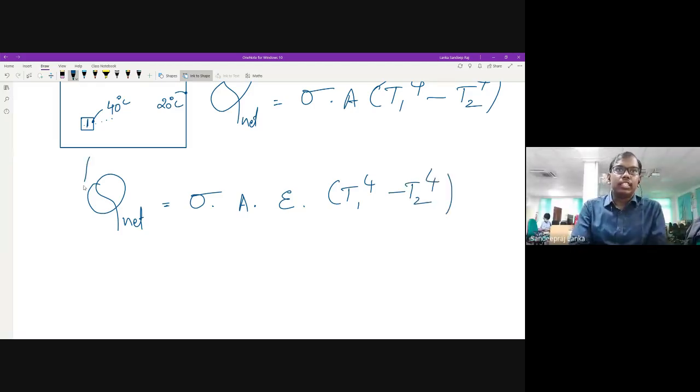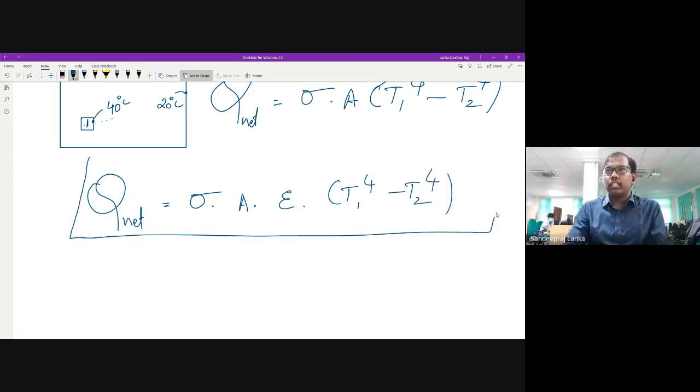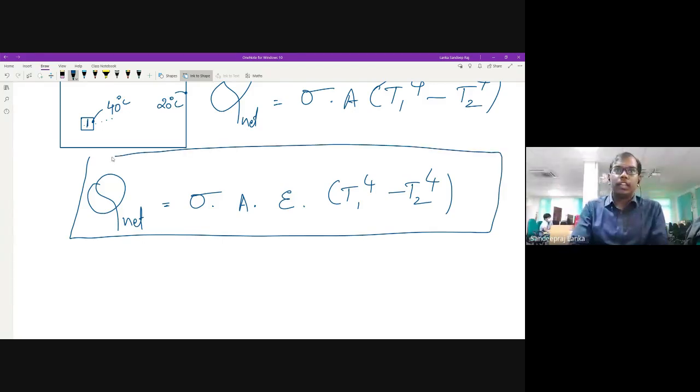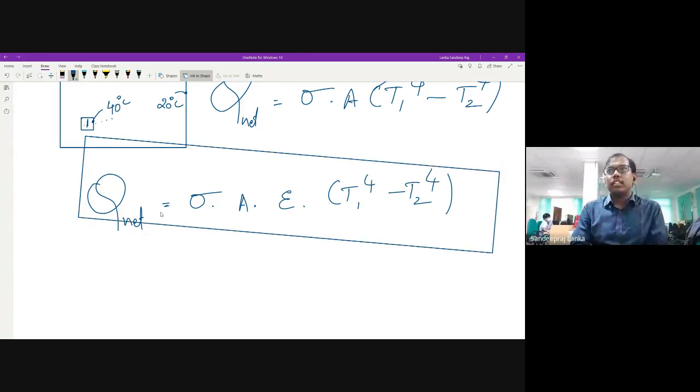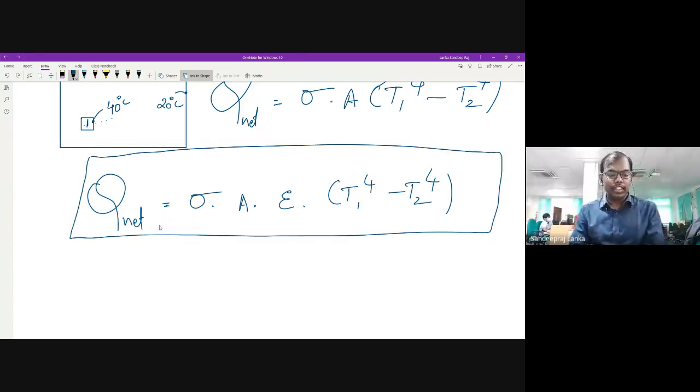This is the equation that you should remember in this case. So Q net is equal to σ A ε (T1^4 − T2^4). This is the equation. So what is the Q here?